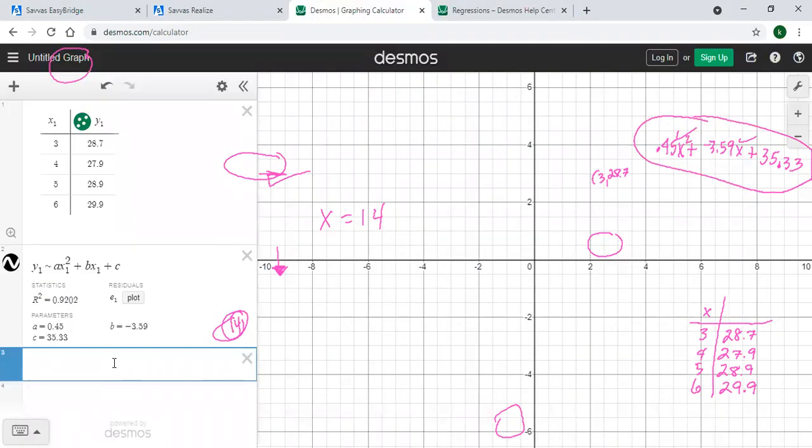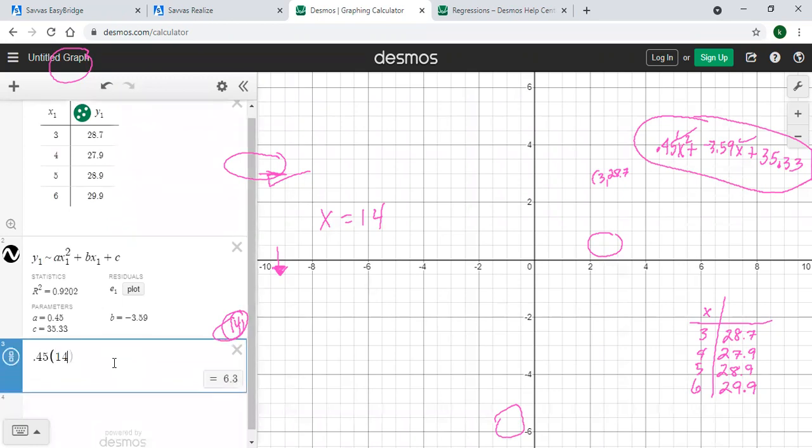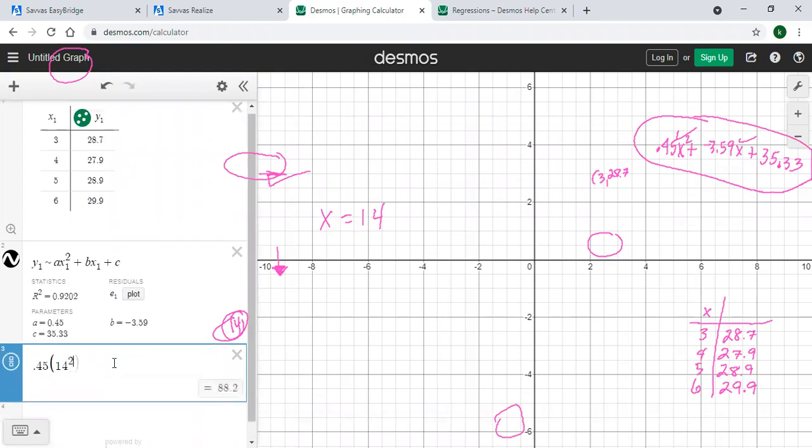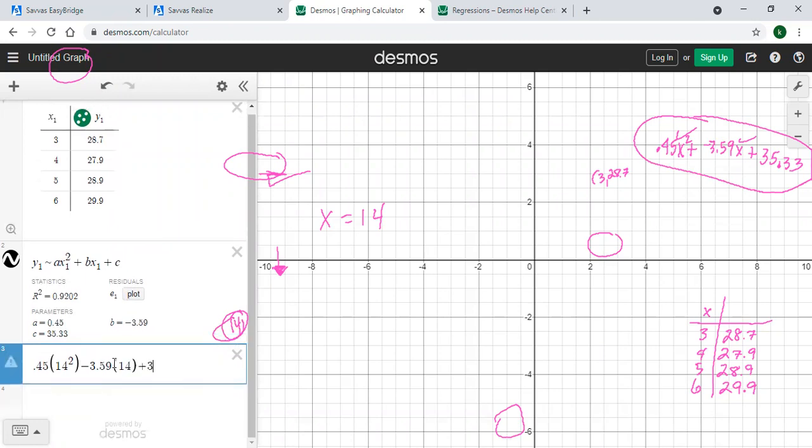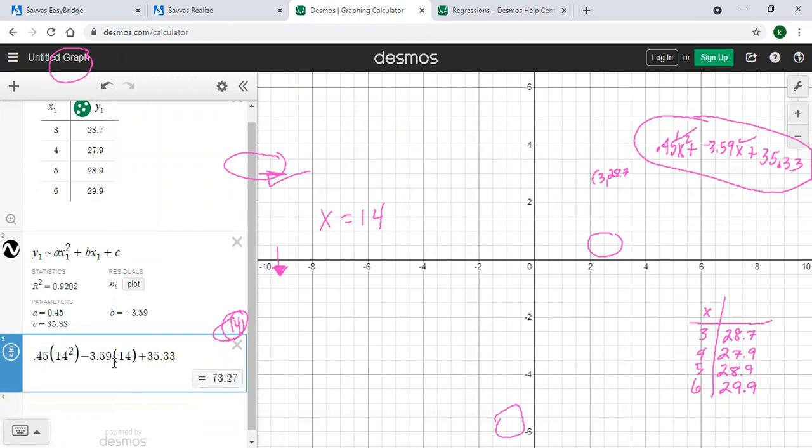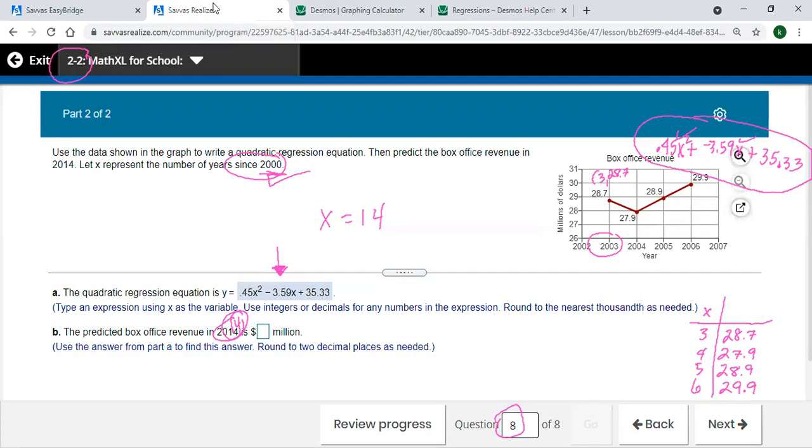So again, it was 0.45, and X, I'm using a 14 squared, minus 3.59, again, times the 14, and plus 35.33. 0.45x squared minus 3.59x plus 35.33, 73.27.